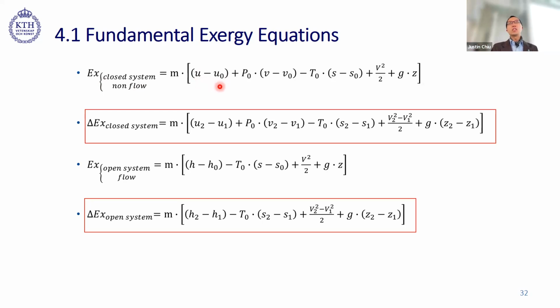U is internal energy, V is the volume, S is entropy, big V is the velocity, so mV squared over 2, you know that equation. And from the hydro lecture, you also know that mgζ is an energy potential due to the height.